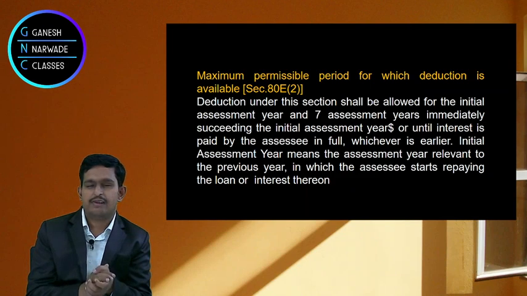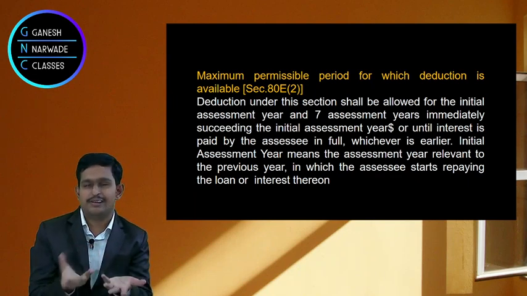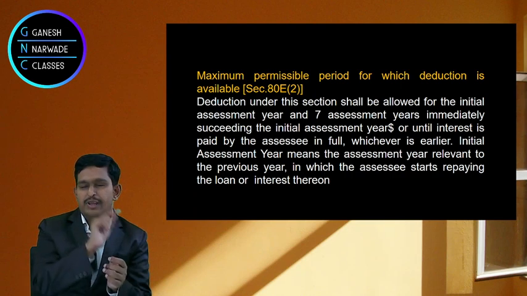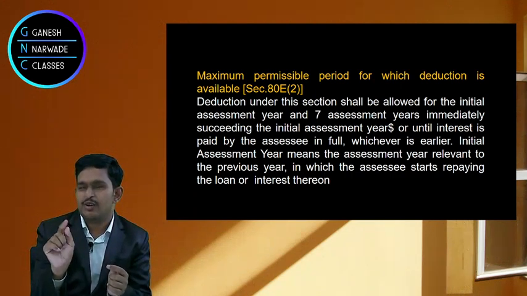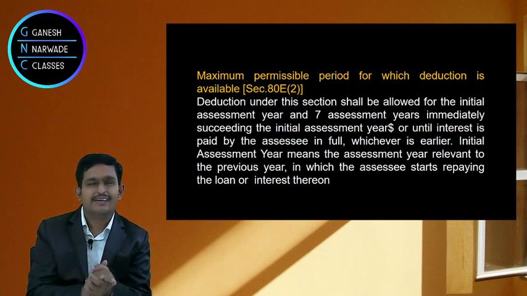But sir, if I pay, then only I will be allowed, right? Arey, obviously, when you pay, you will be allowed. Otherwise, you will not be allowed. So that means the period for which I am paying interest, or 8 years, including the first year, whichever is earlier.